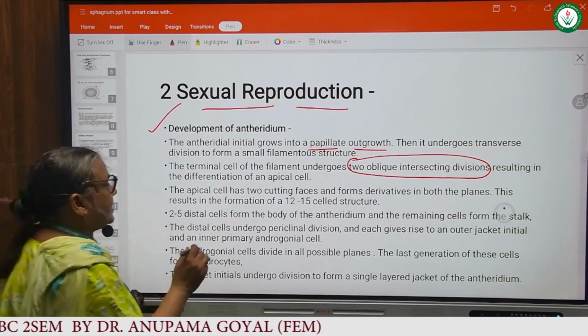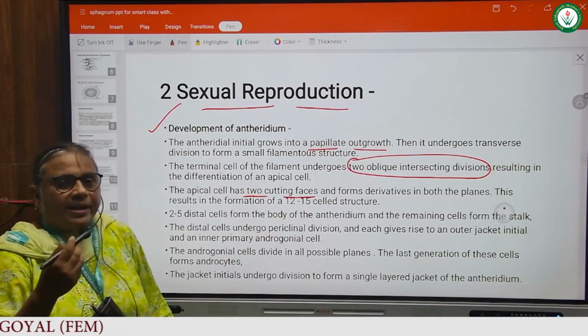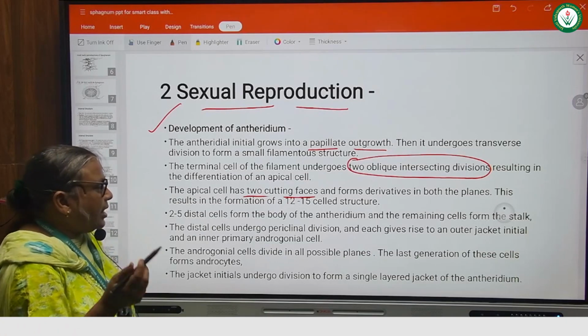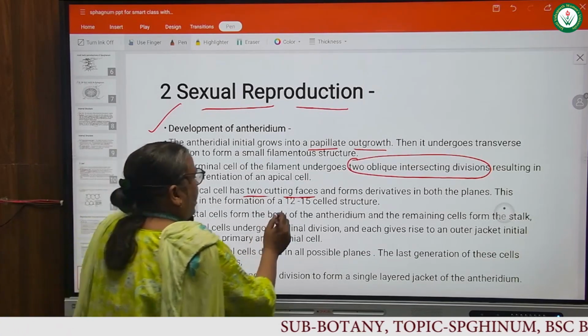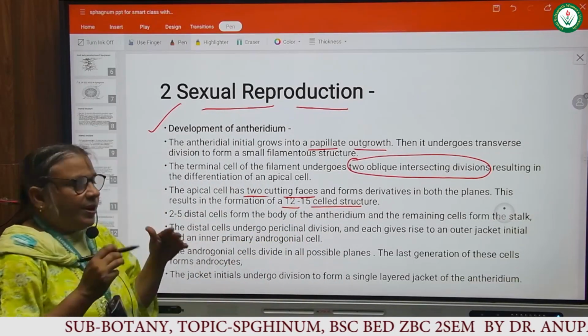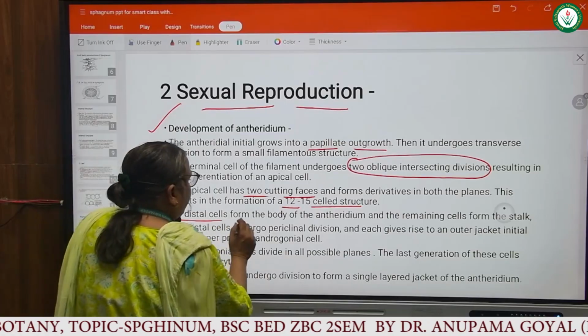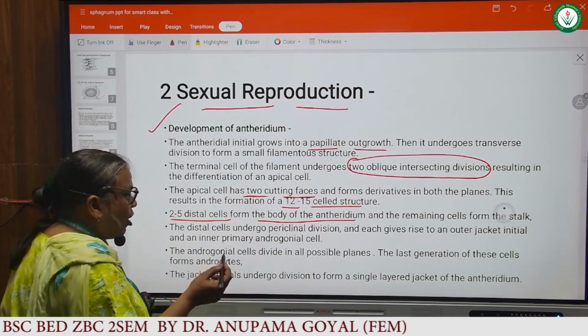The apical cell has two cutting faces and forms derivatives in both planes. This results in the formation of a 12 to 15 cell structure. 2 to 5 distal cells form the body of the antheridium and the remaining cells form the stalk.